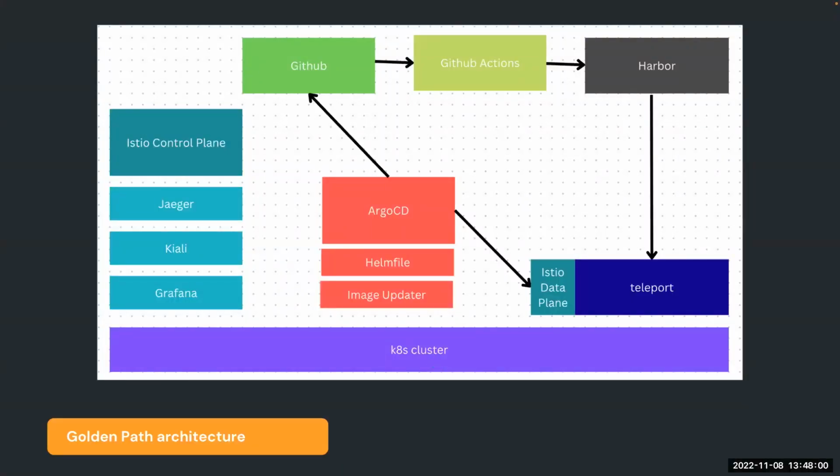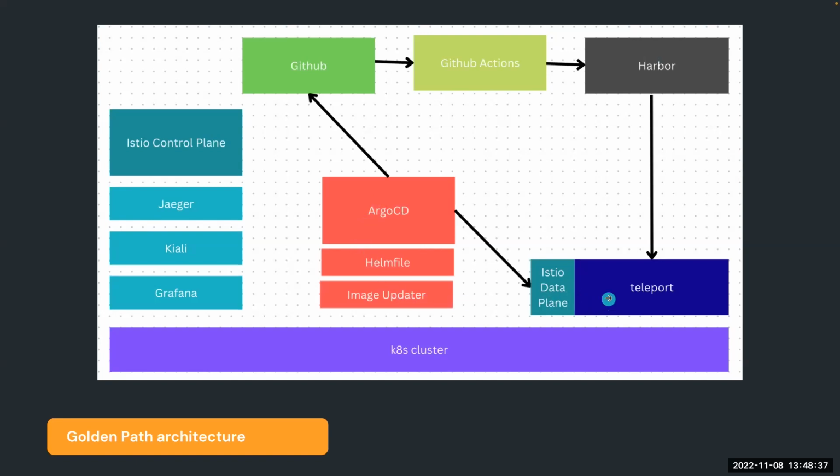And in our case, here is an example Golden Pass architecture. If you can see, we can talk about each one briefly as well. I think we should still be good for time. We have Kubernetes sitting underneath for orchestration, and here we have observability, logging, tracing, all these tools. Then we have CI/CD, which is GitHub Actions, and Harbor as the image registry, and here we have CD, which is Argo CD in our case.